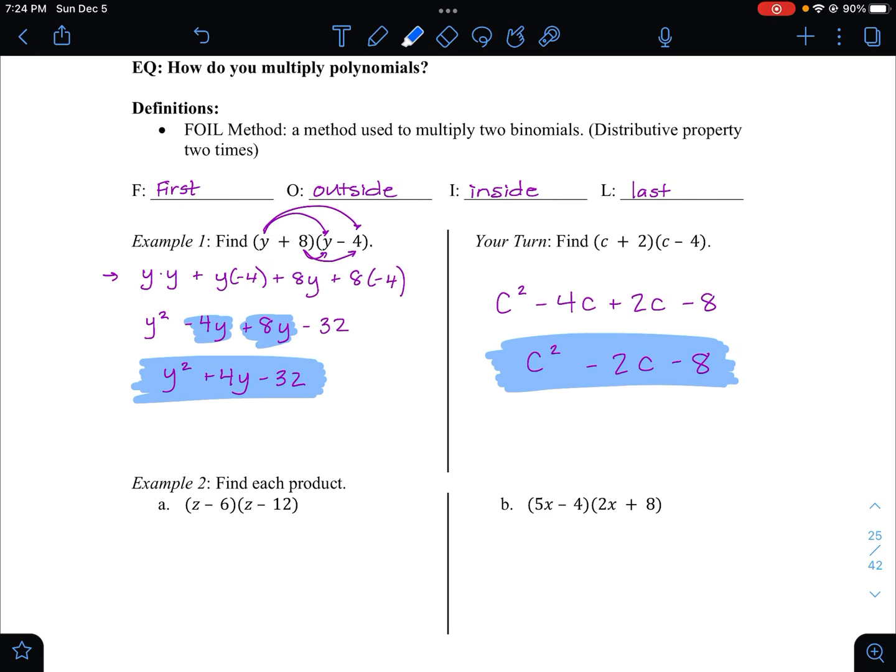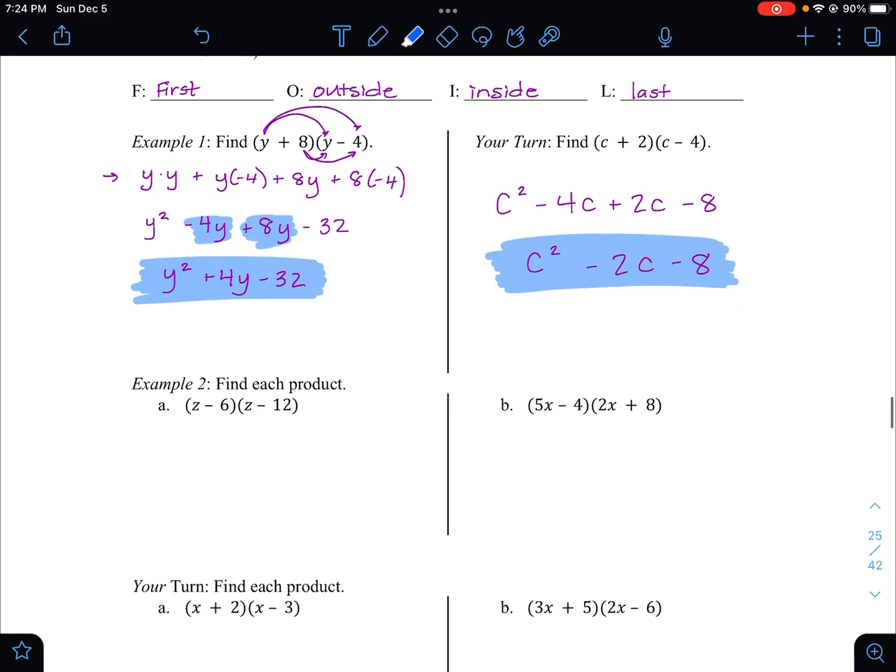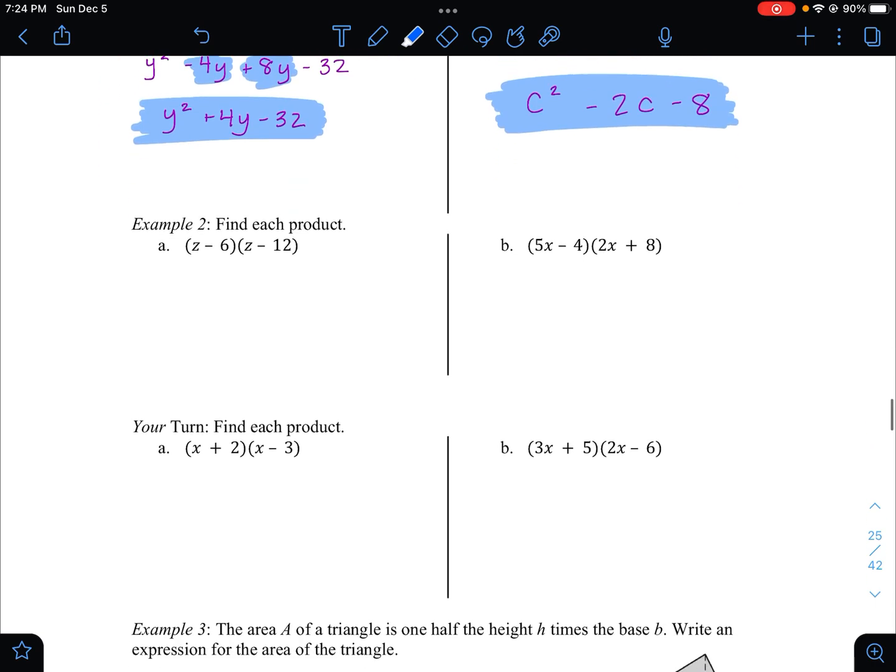Okay, so hopefully I did it correct, you did it correct, and we both got c squared minus 2c minus 8. Okay, example 2, same thing, only difference is I have more negatives or more subtraction in the problem, but same process. So z times z is z squared.